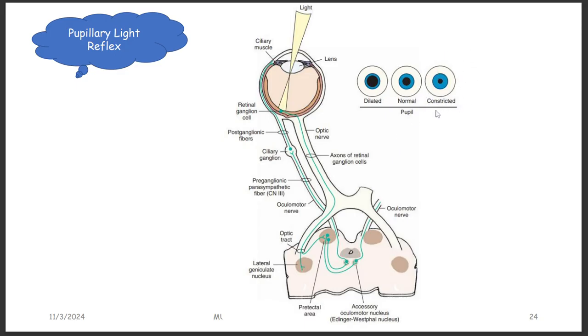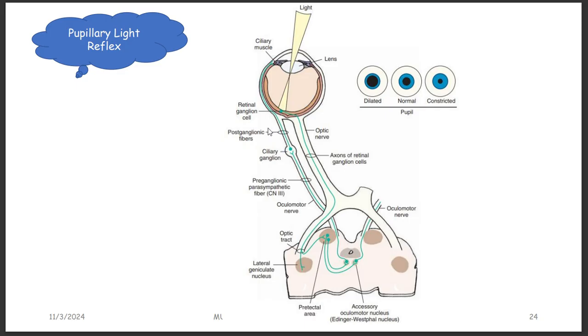The information coming from the other eye, the contralateral one, is also going to come to the lateral geniculate nucleus here. So now the fibers from the lateral geniculate nucleus can project to the pretectal area. And from the pretectal area, I've got fibers projecting to the accessory nucleus of the oculomotor, and that is going to go via cranial nerve number 3.